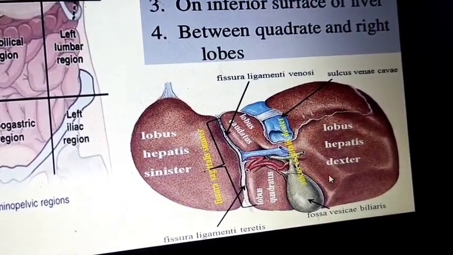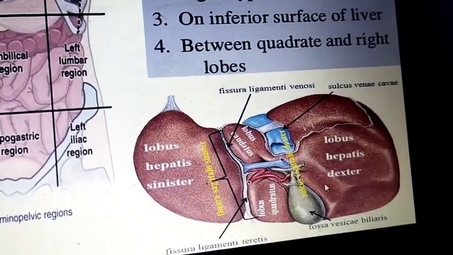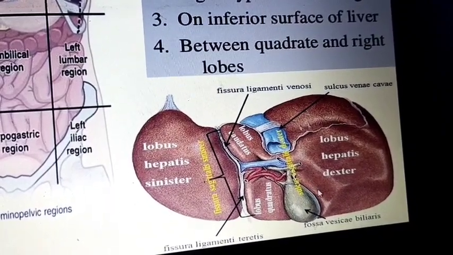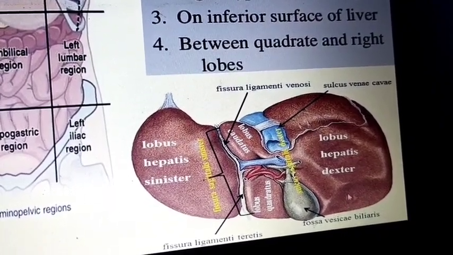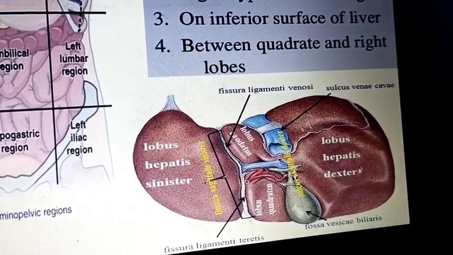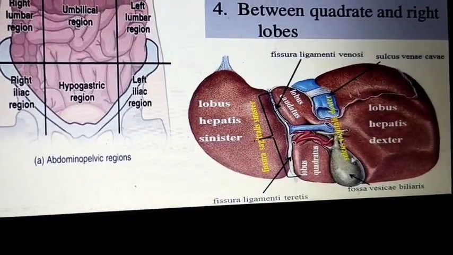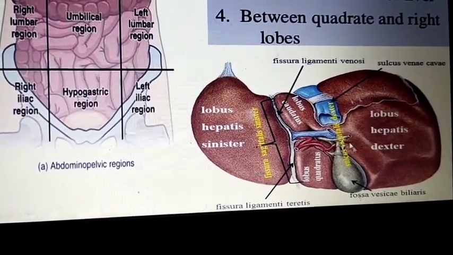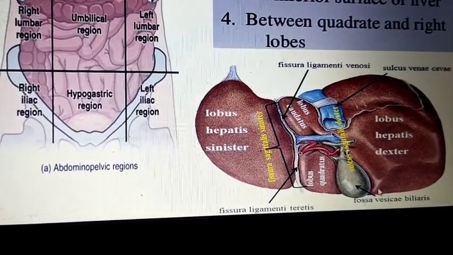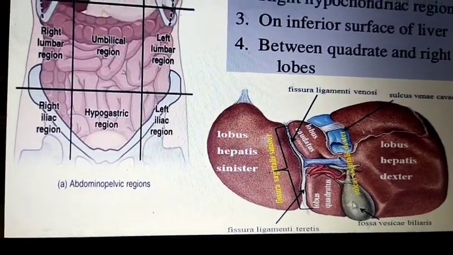From this fossa for gallbladder, on the right side, this is the impression for the duodenum, this is the impression for the colic flexure, and this is the impression for the renal. Just left to the duodenal impression and colic impression you have the fossa for gallbladder.